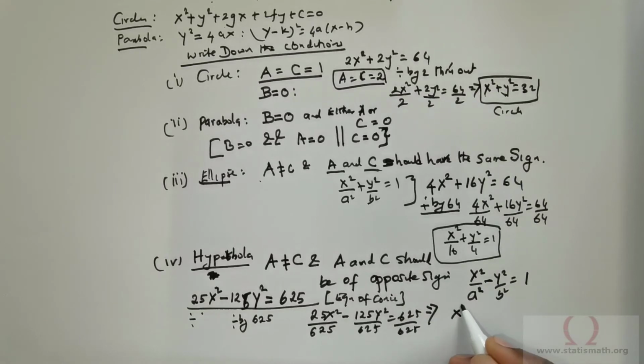So this is going to be x squared divided by 25 negative y squared divided by... 125 divides 625 how many times? This is going to give me 5, because 125 divides 625 5 times, and this is going to give me 1.